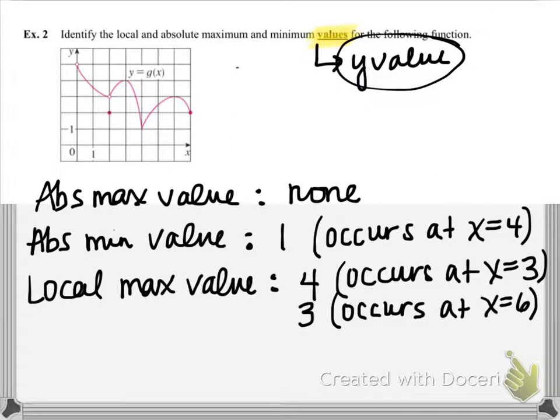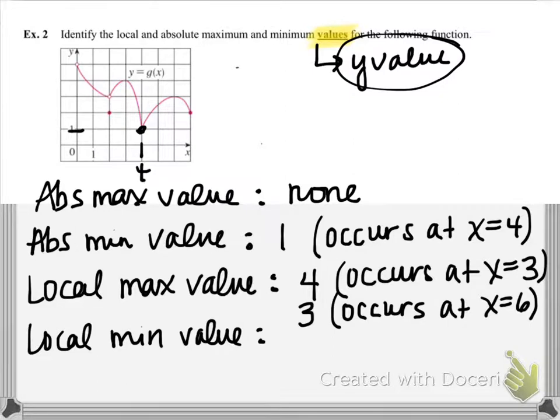And lastly, let's go on to local min values and see where those may occur. The first somewhat obvious minimum is the one we already discussed, which was the absolute minimum that occurred at 4. So it's occurring at x equals 4, but again, the y value there was 1.